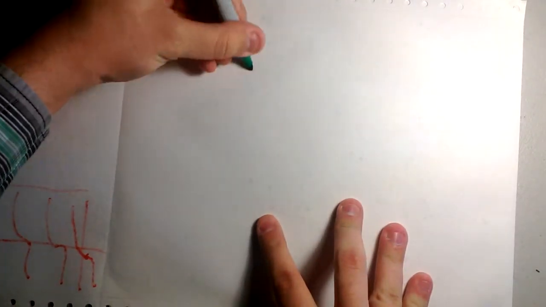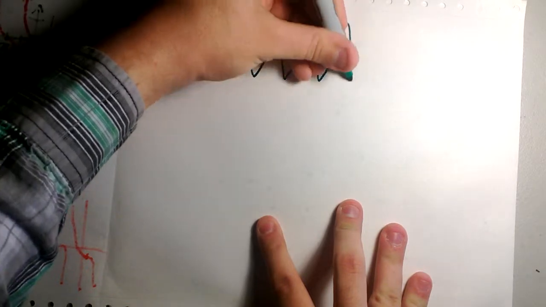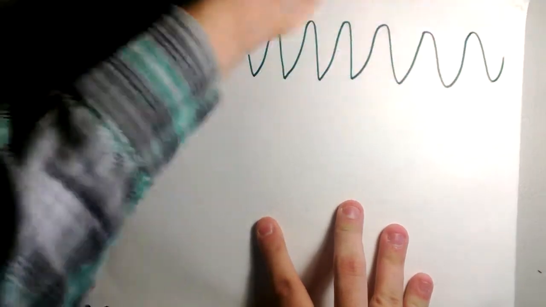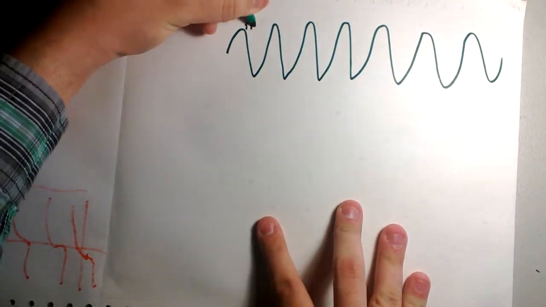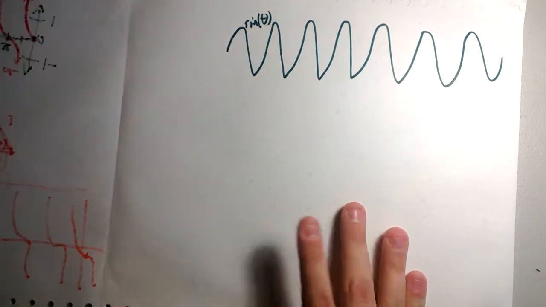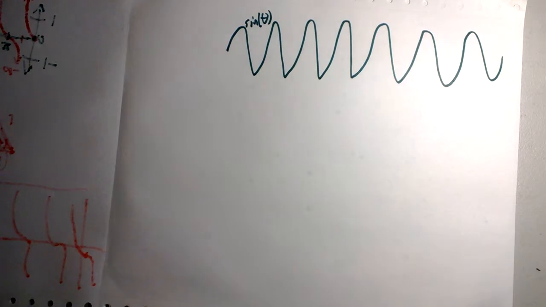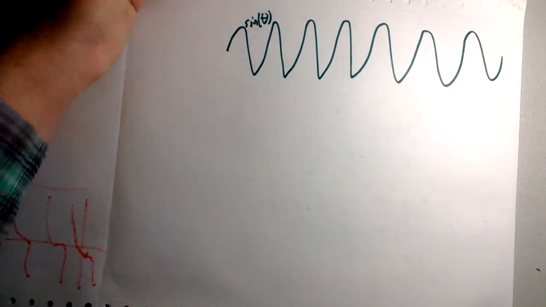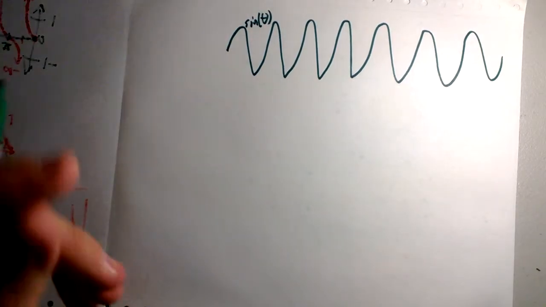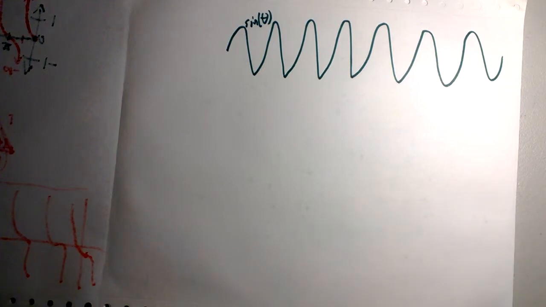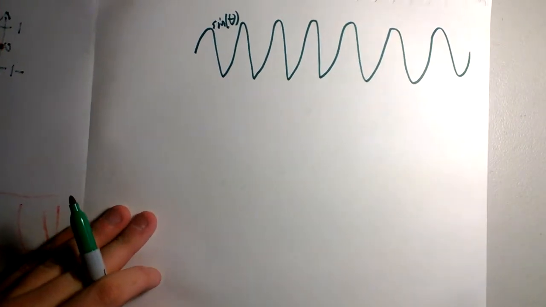They're all waves. Now, they don't all look like this wave, the typical sine wave. And we're just going to stick with sine through this activity. Know that cosine is the same, just that it starts at a different point.